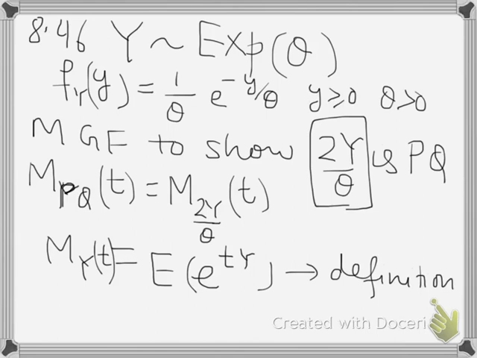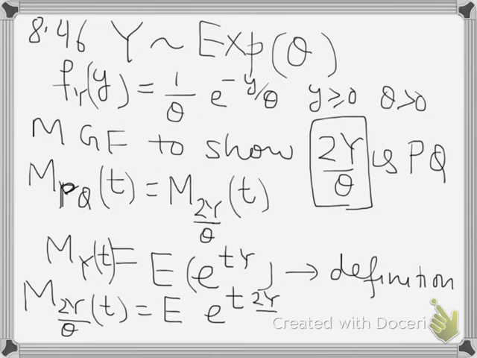So instead of y, what do I have? I have 2y over theta, right? So the moment generating function of 2y over theta at t would be the expected value of e to the power t times 2y over theta.